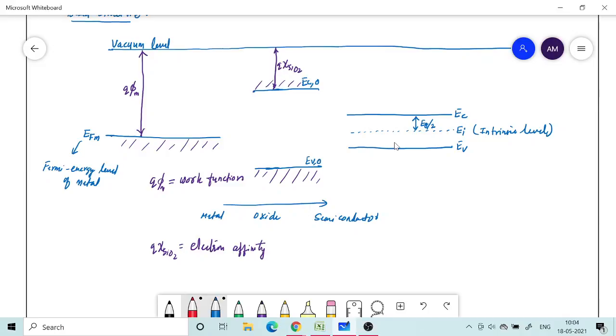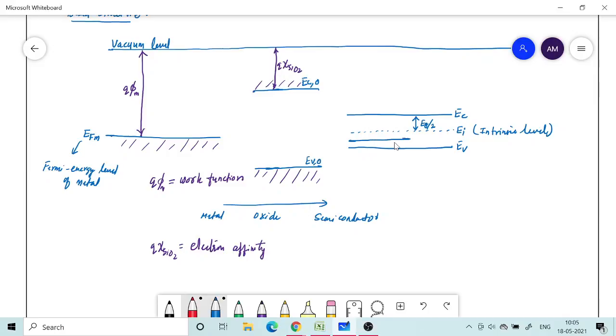The same thing goes toward the bottom also. Then what else do we have? We have the Fermi level. We have to draw the Fermi level depending upon the type of semiconductor. If we are talking about a p-type semiconductor, the Fermi level will be closer to the valence band.